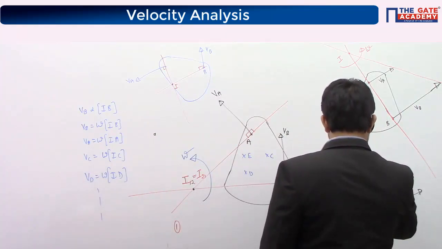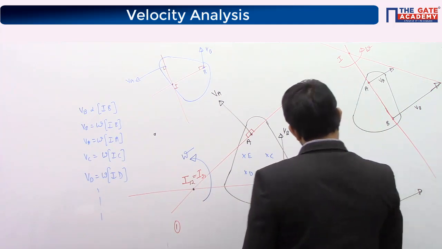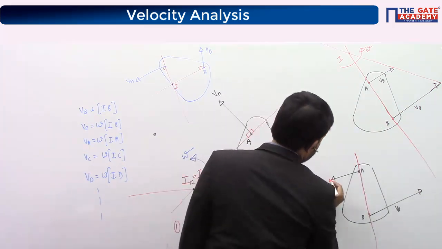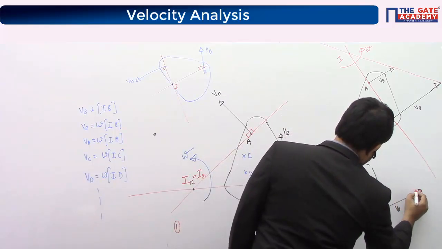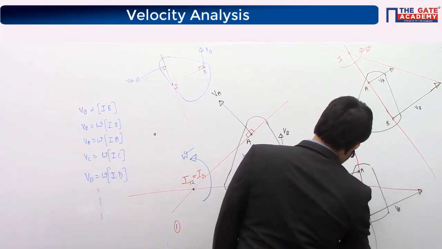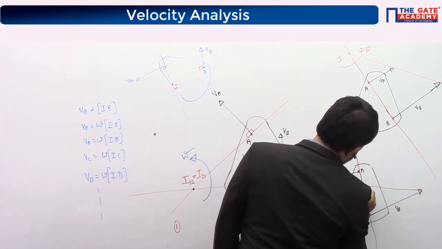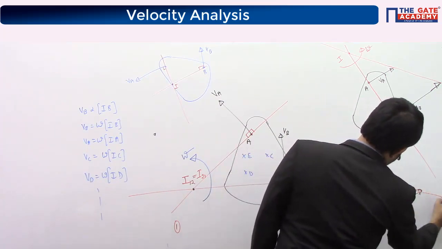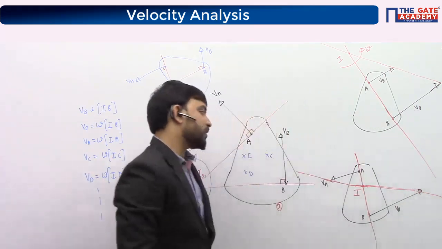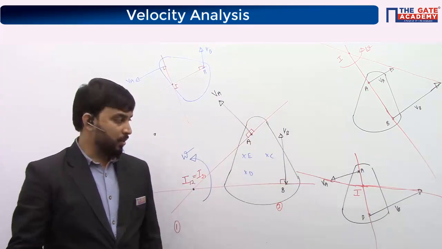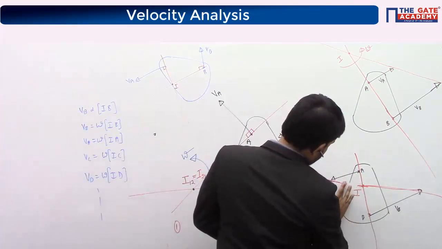You draw a line passing through the tail of the vectors, and then you draw a line passing through the head of the vectors. Wherever the two lines meet, that is the instantaneous center. Like, we don't draw a straight line here.